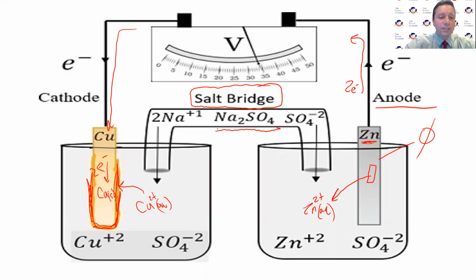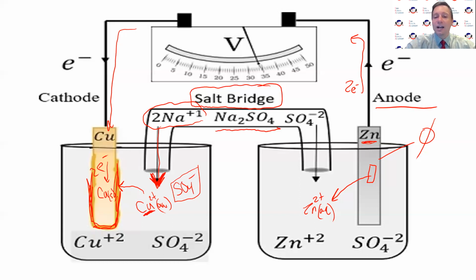On this side, what's happening is we have a buildup of SO4 2 minus. We have these copper cations plating and turning solid, so it's building up a negative charge in solution. If we allow that negative charge to continue to build up, the reaction would stop. So we have the sodium right here exiting this salt bridge and flowing into this solution to balance that negative charge.